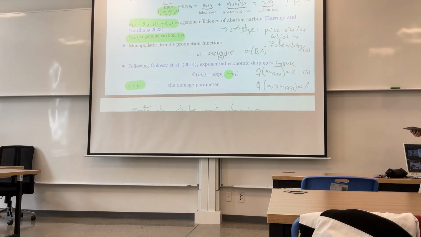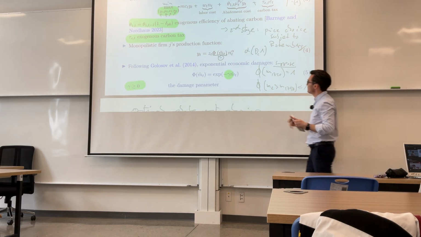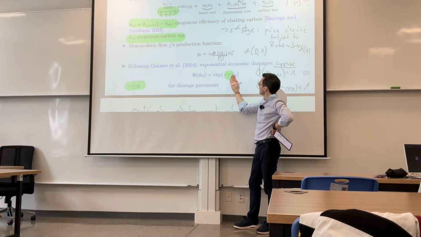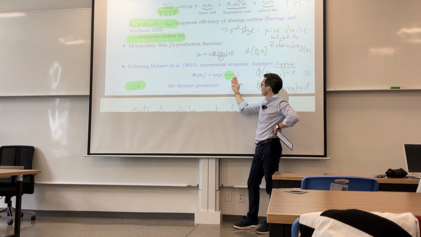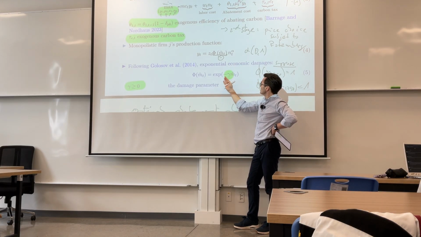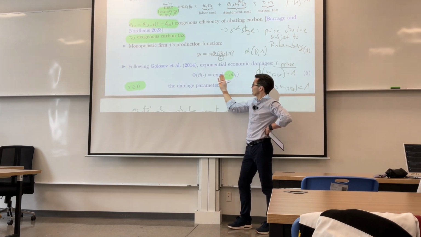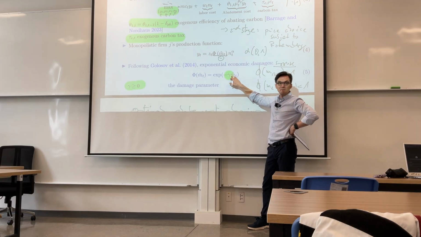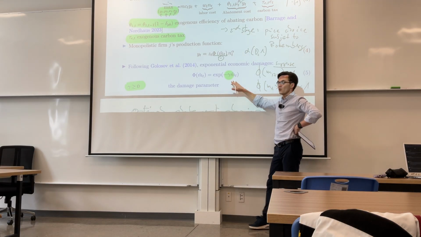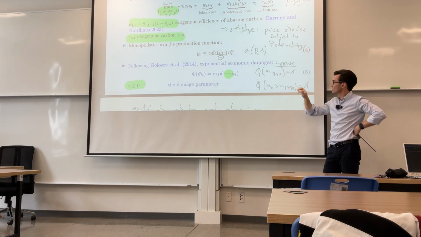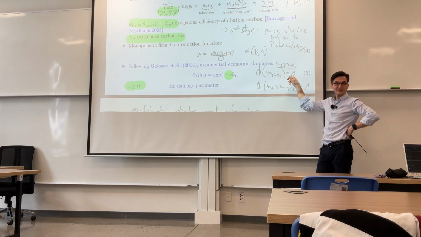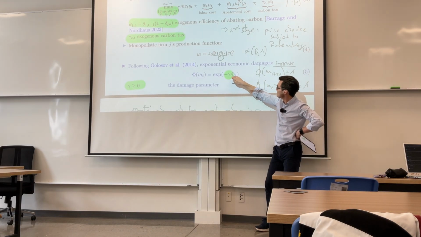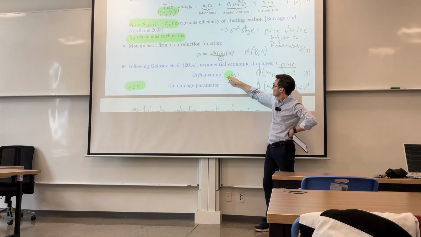So gamma is a positive number, right? And so for every ton of carbon in the atmosphere, this is producing e to the power of minus gamma reductions in this. So if m is equal to 0, you immediately see this is equal to 1, right? Then we get exactly our numerical example. If m is 0, then you have e to the 0, that's 1.